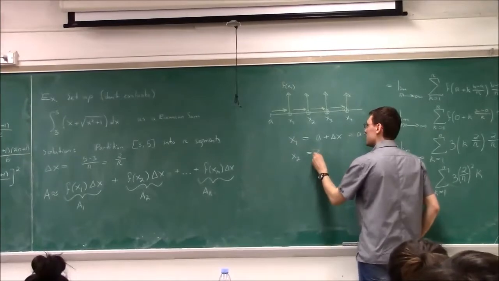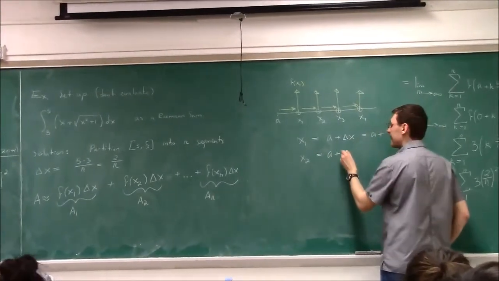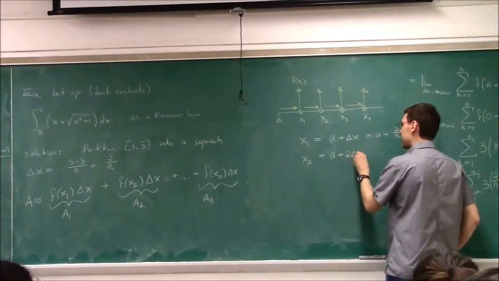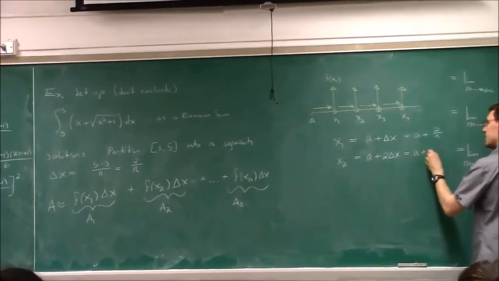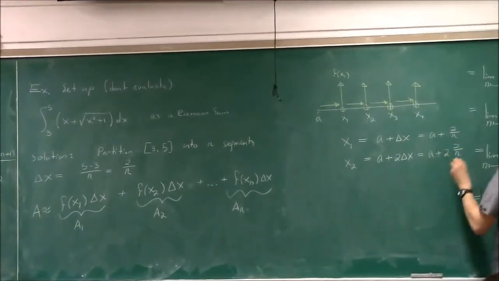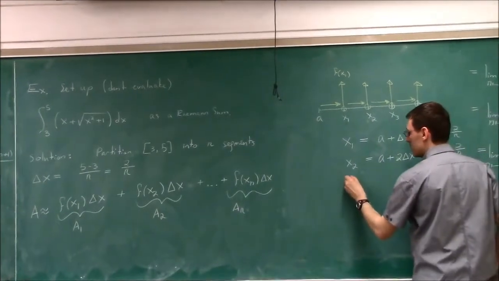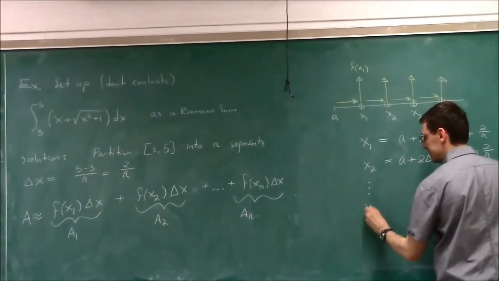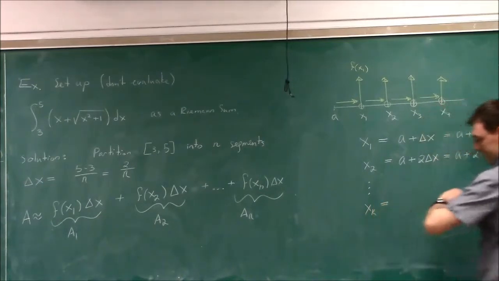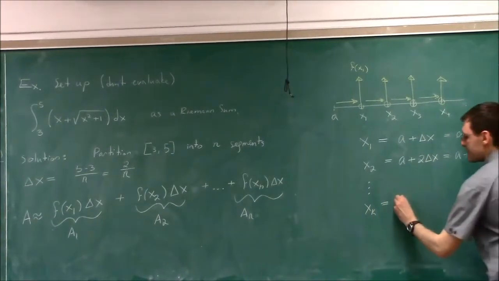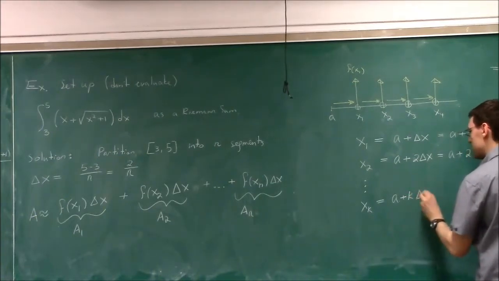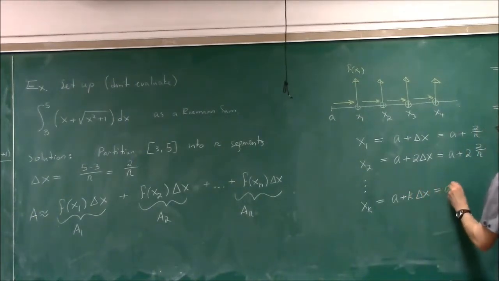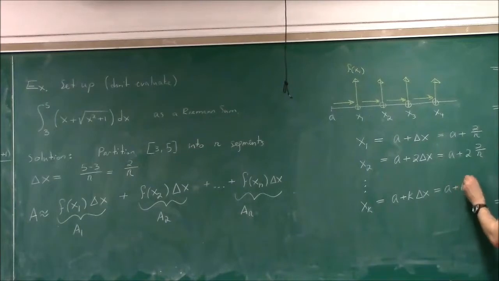What's x2? This is a plus 2 delta x, which is a plus 2 times 2 over n. And in general, x sub k is a plus k delta x, which is a plus k times 2 over n. Okay?